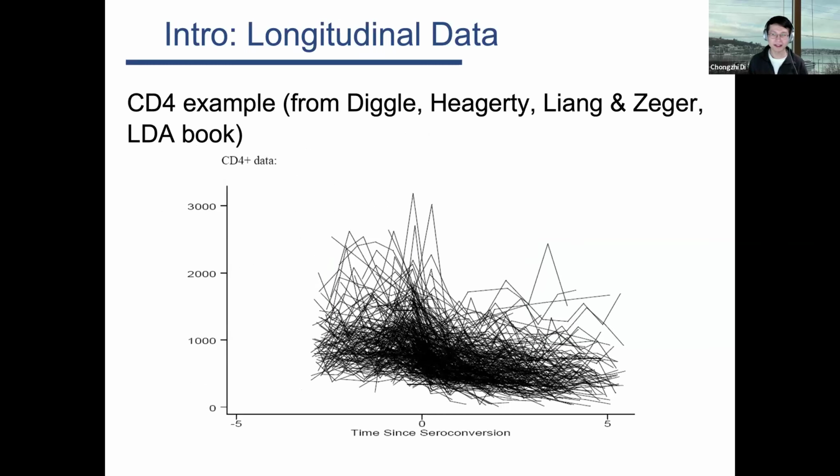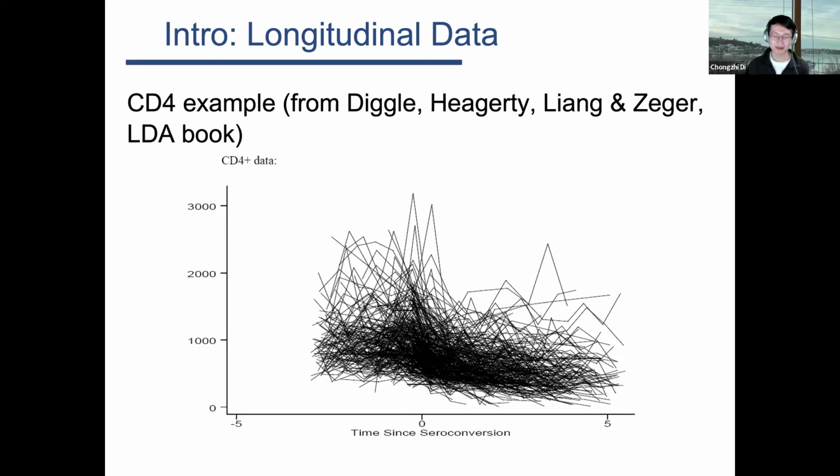Okay, so this is the first example. This is looking at the CD4 counts over time for maybe around 1,000 to 2,000 subjects. It's again from the Diggle et al. book. For longitudinal data, you have multiple time points for each subject, so naturally you connect the lines to show the trajectories, right?